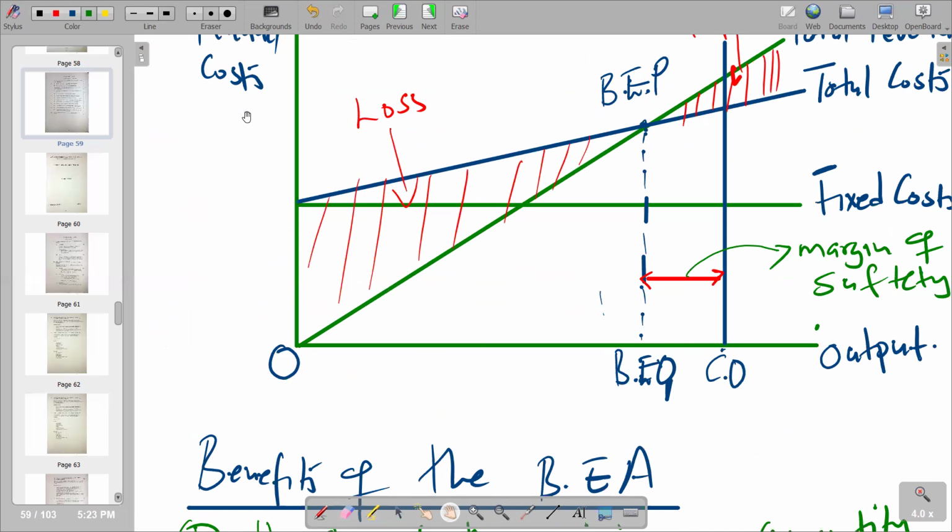So basically, the shifts that can take place can easily be noticed if we present the break-even analysis in the event that the prices are adjusted. So basically, that's what we have.